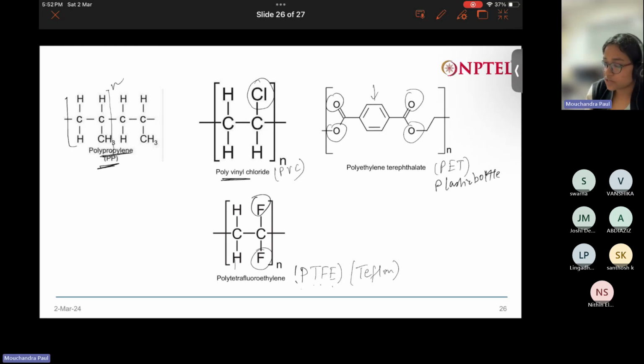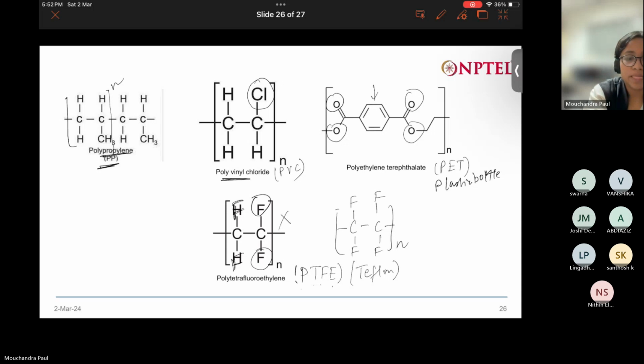Okay, so actually here also fluorine atoms. Two carbons bonded to four fluorine atoms. That is why tetra. So this is actually a wrong structure. It should look like this. This is the correct structure. Understood? I hope it is clear now.